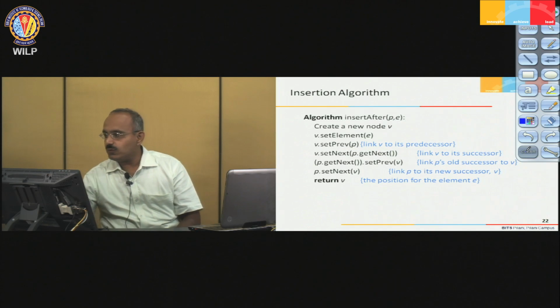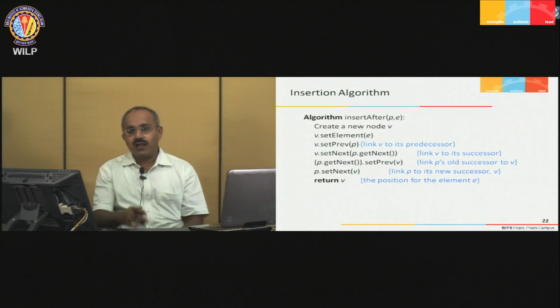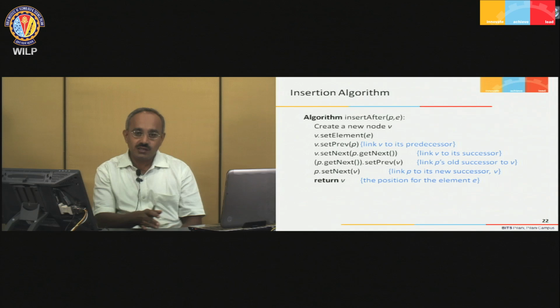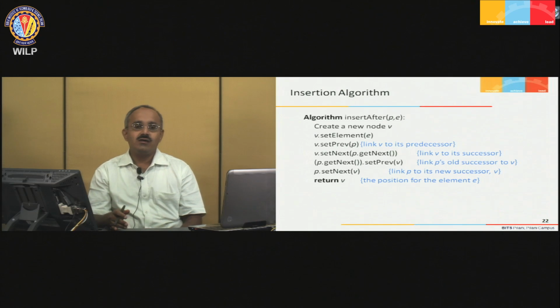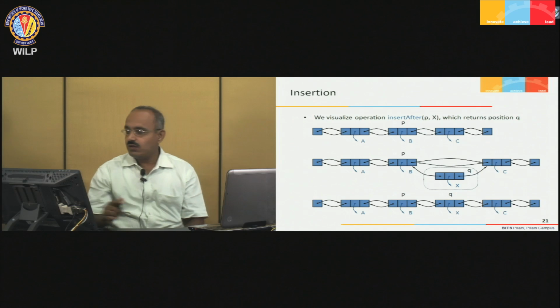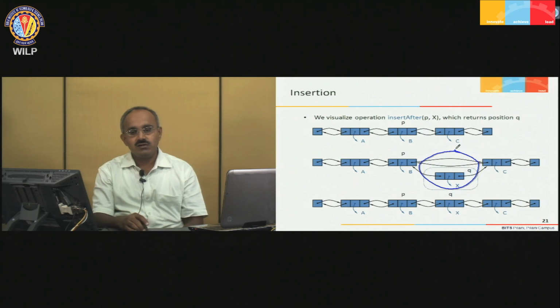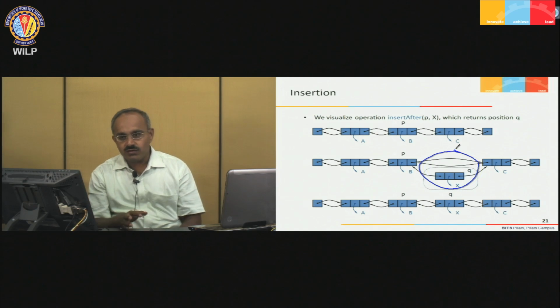It is again easy to observe that all these operations, adjusting pointers, are independent of the size of the list. Your list can have any number of elements, but the adjustment done here is local, which is just adjusting the next and the previous of these three particular nodes.